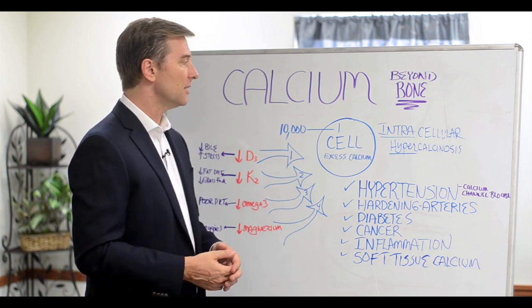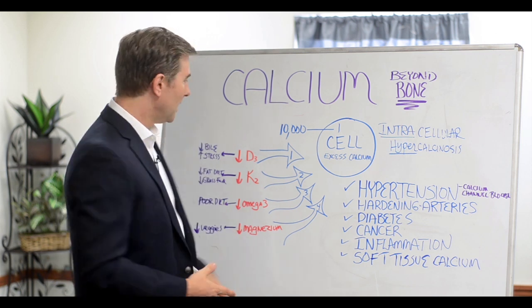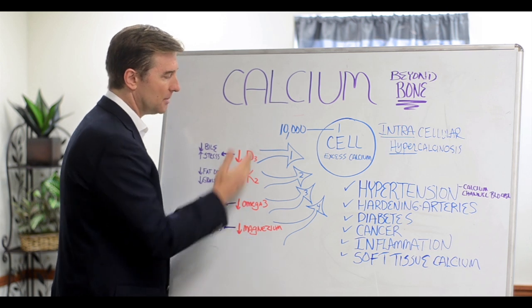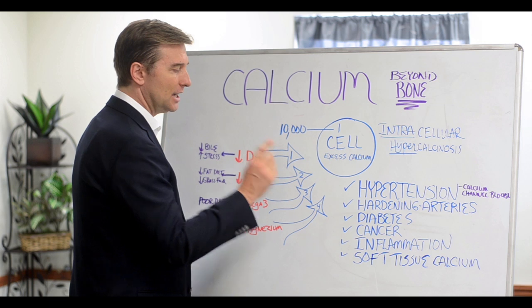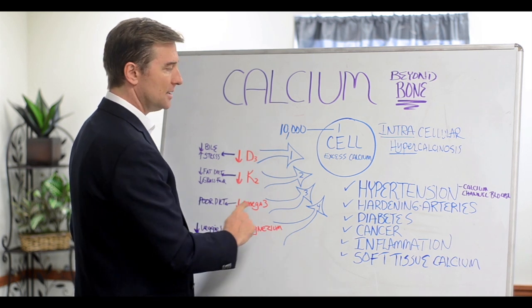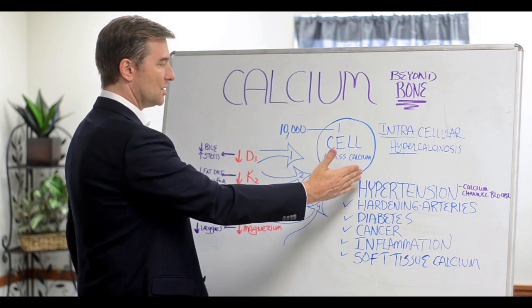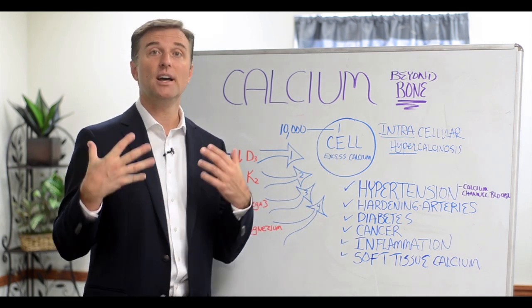The other thing is that if your digestive system is bad and you can't absorb minerals, that could be another reason. But if you look at why people take vitamin D, vitamin K2, omega-3, and magnesium, they take those to help decrease inflammation. They take it to improve the immune system. They take it for all these conditions, but what they're really doing is they're helping the regulation of calcium.